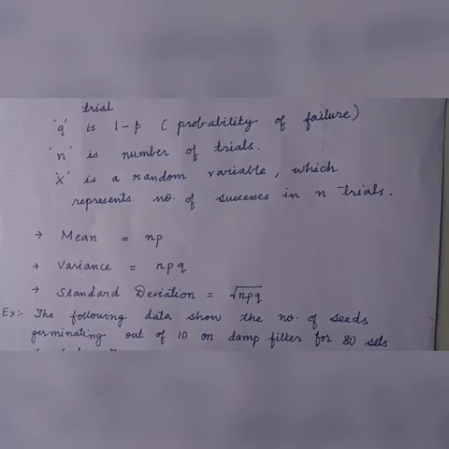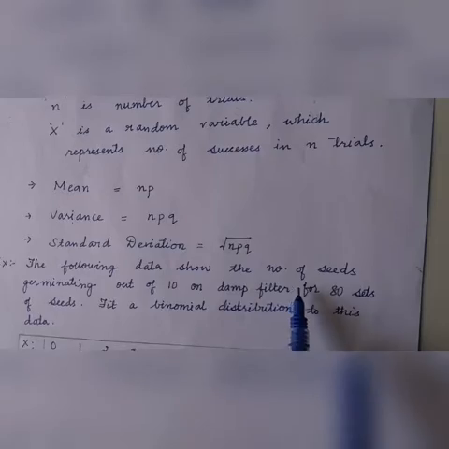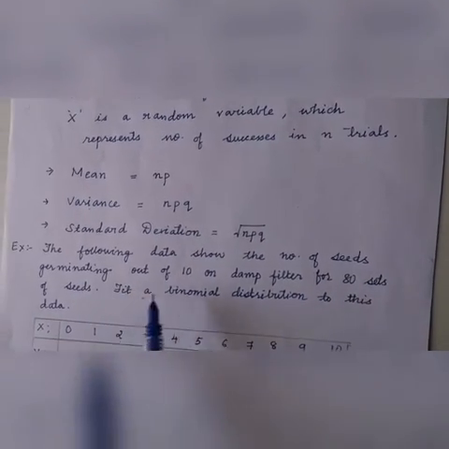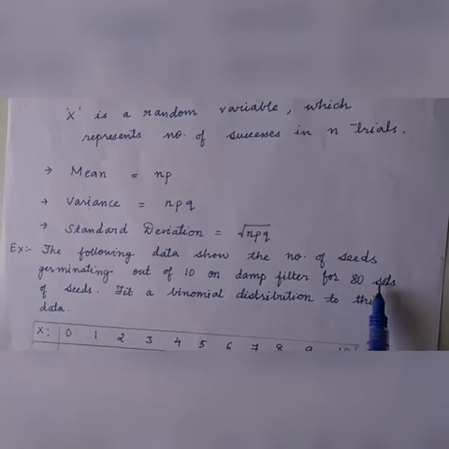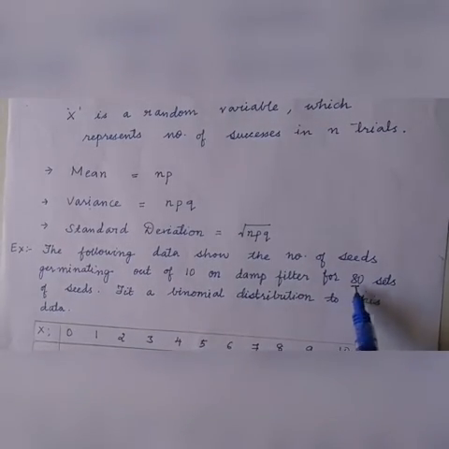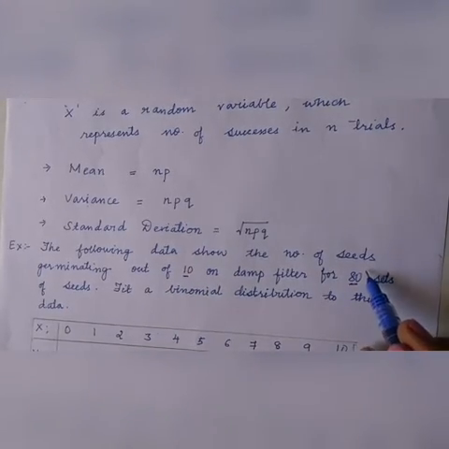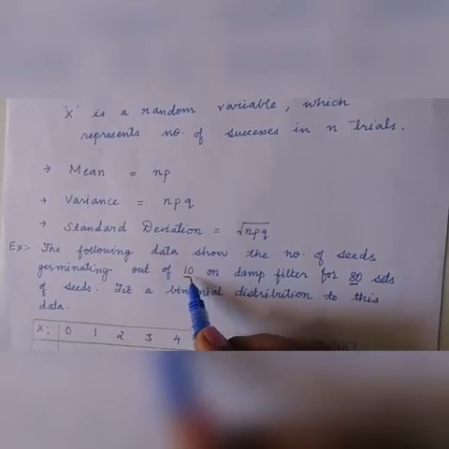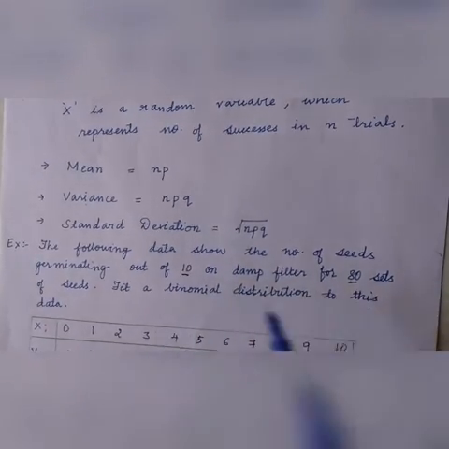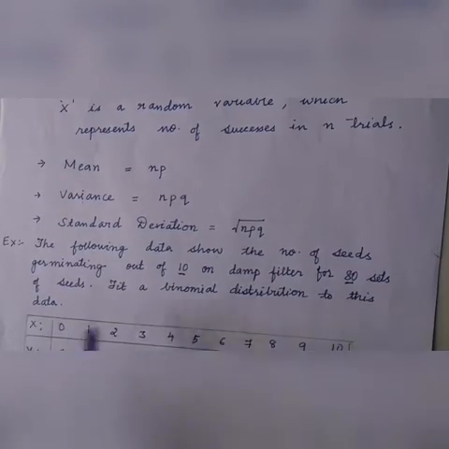to the given data. The following data shows the number of seeds germinating out of 10 on a damp filter of 80 sets. So we have two numbers here, 80 and 10. 80 is the capital N, that is the population, and 10 is the sample size, small n, of seeds. Fit a binomial distribution to this data.